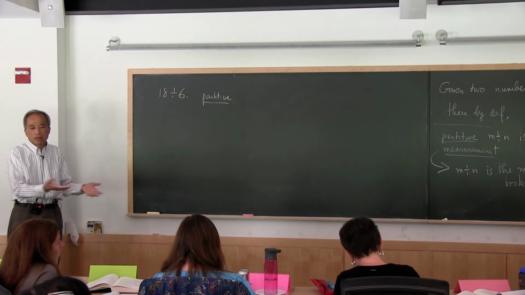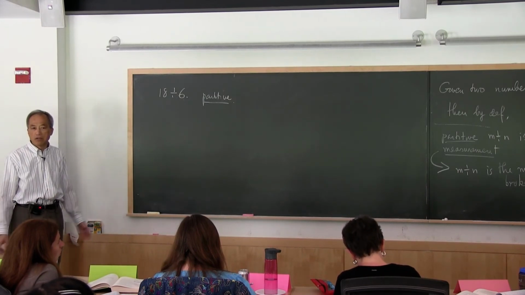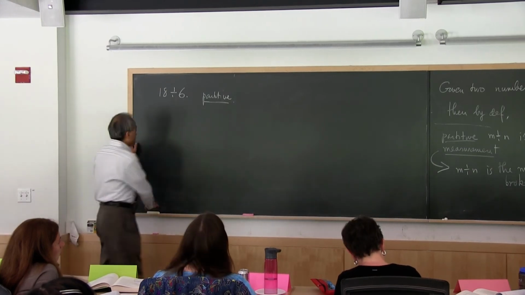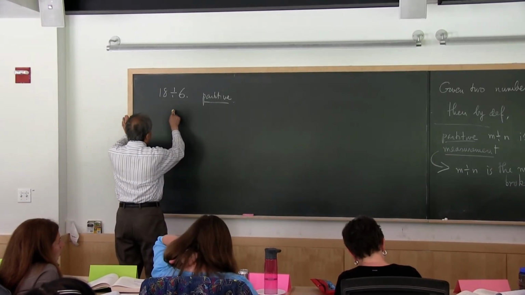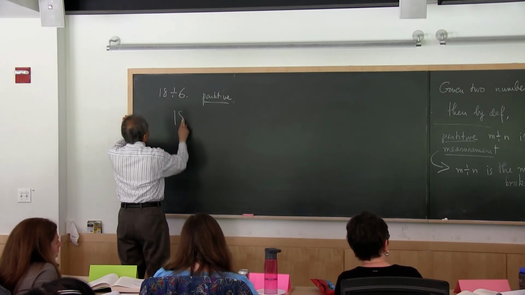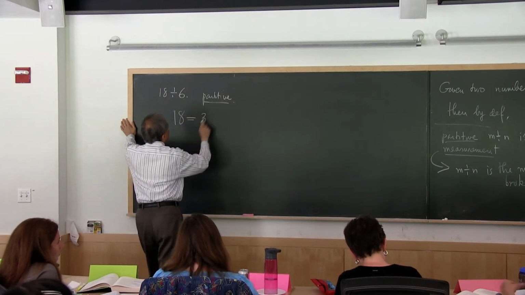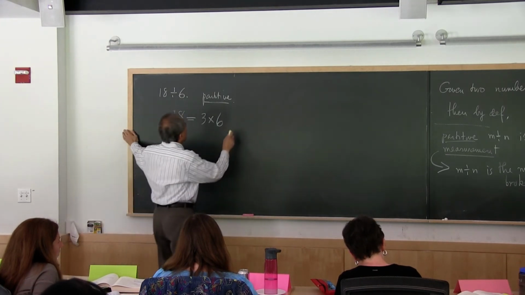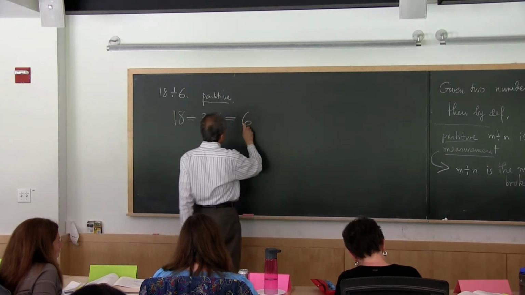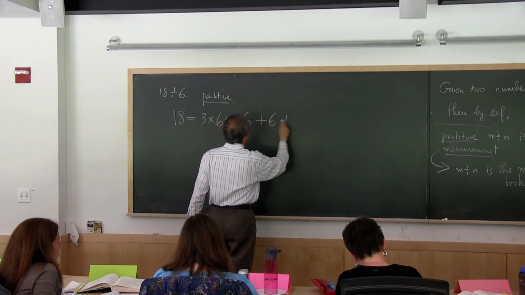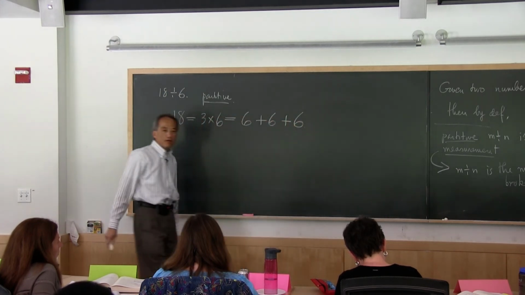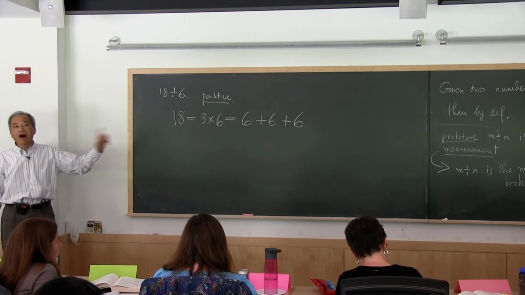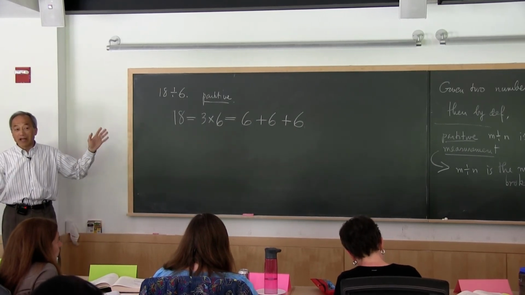Off the bat, they look not related. So why are they the same? Well, that is because 18 is 3 times 6, right? You know that. Therefore it is equal to 6 plus 6 plus 6. Addition, no matter how you look at it, is combining things.